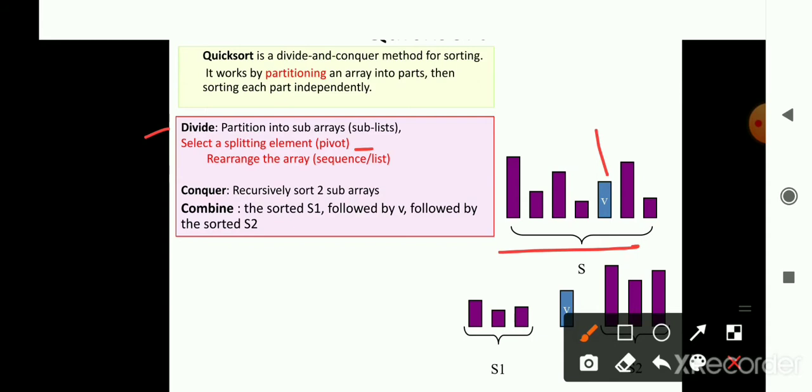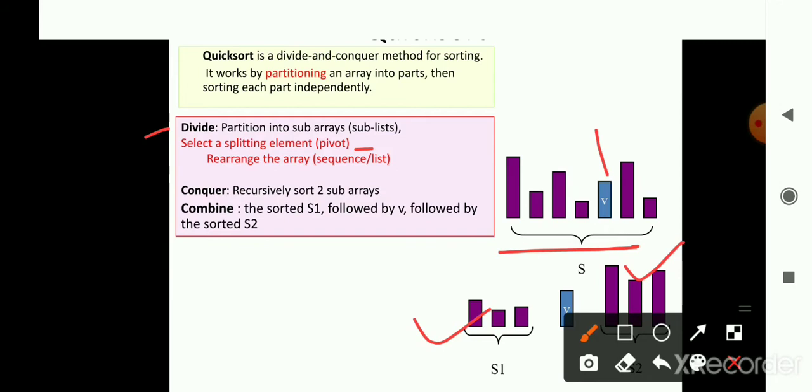The elements smaller than the pivot are placed to the left of the pivot, and the elements greater than the pivot are placed at the right of the pivot. So here we are getting the partition of our list.